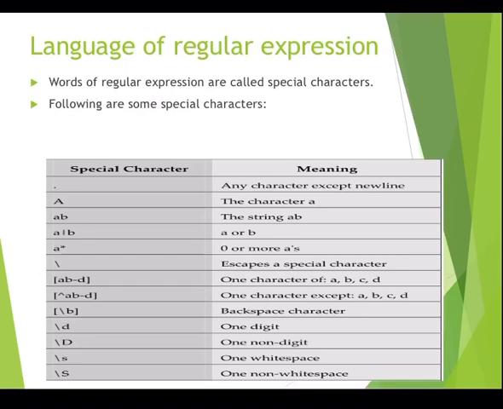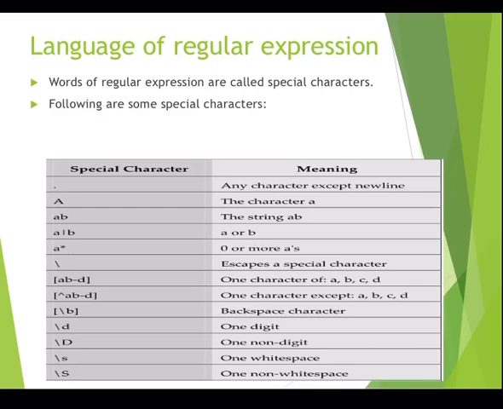So [AB/D] means it will check if your string contains A, B, C and D. Okay. It will check if it either contains A, B, C or D. Either one should be there. Then ^ is your negation symbol. So negation [^ABCD].